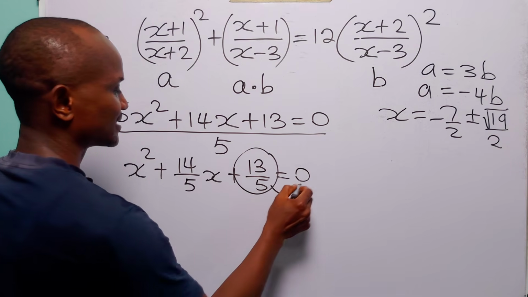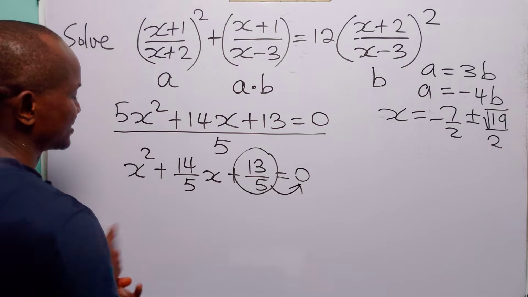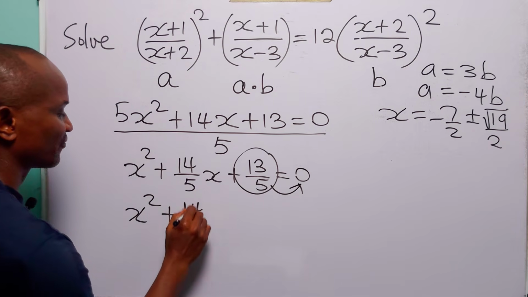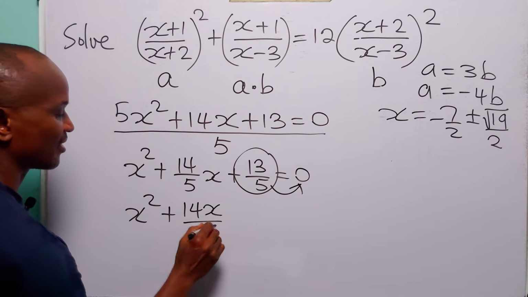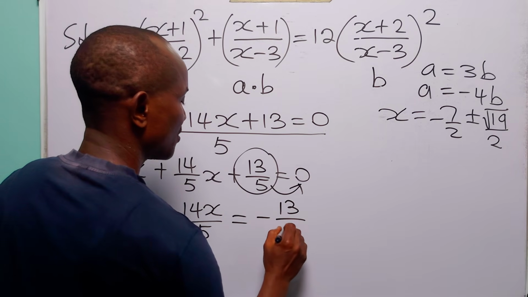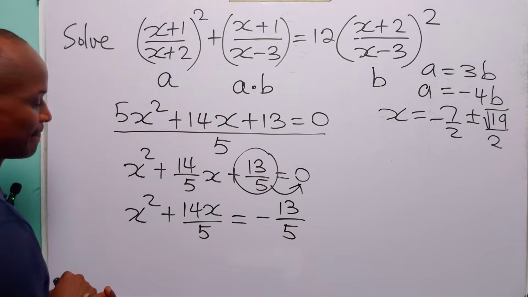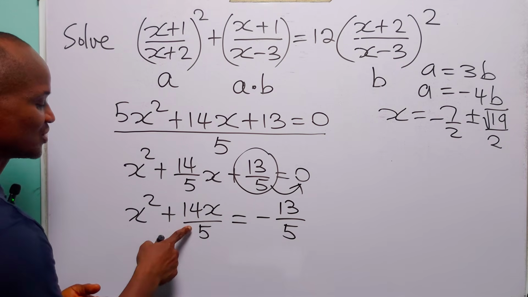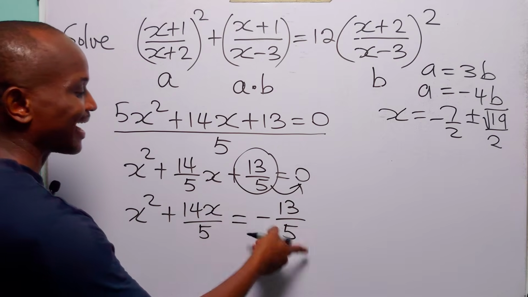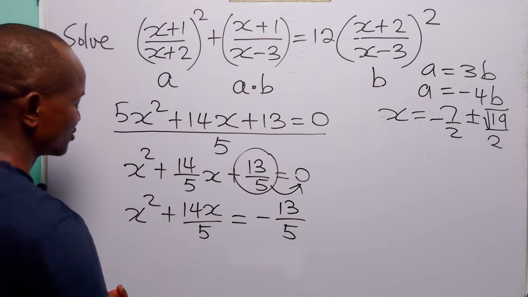We move the constant term over to the right hand side. We have x squared plus 14x over 5 is equal to minus 13 over 5. Now, the next thing we are going to do is to divide the coefficient of x by 2, square it, and add to both sides of the equation.